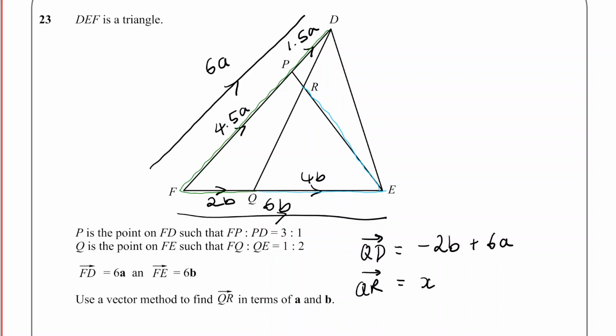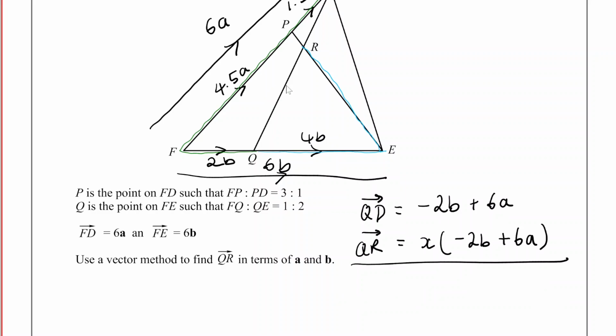I'm going to call that fraction X. And then I'm going to go from E to P. How can I get from E to P? I have to go the long way. So E to P is minus 6B plus 4.5A.